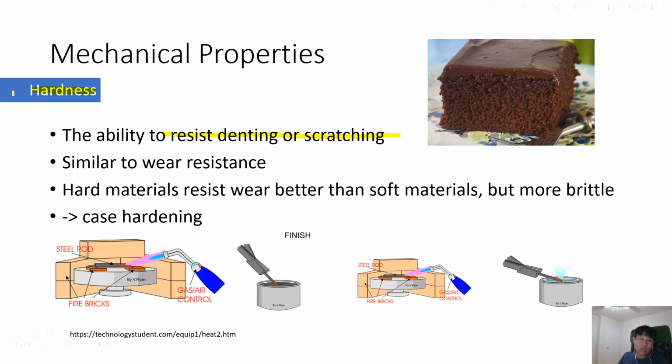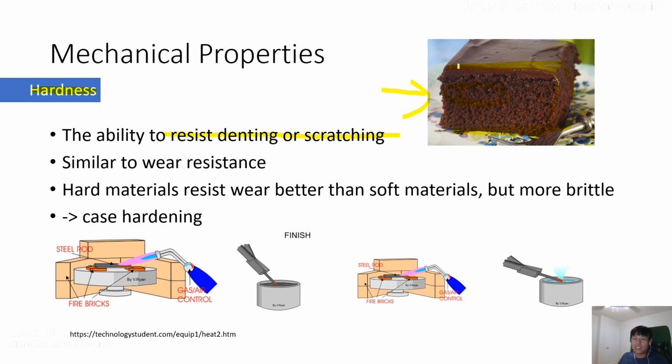So we have pros and cons. That's why engineers use a unique way of hardness. Like this. What is this? This is chocolate cake. Inside is soft and outside is hard. This is the way engineers use hardness.